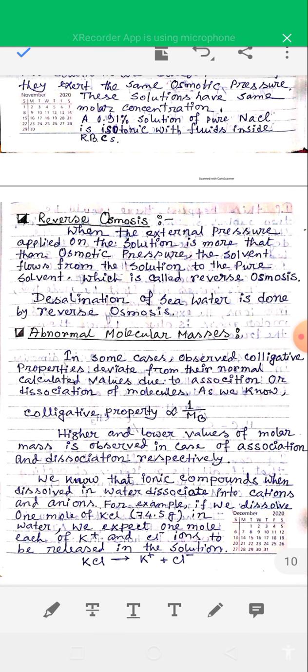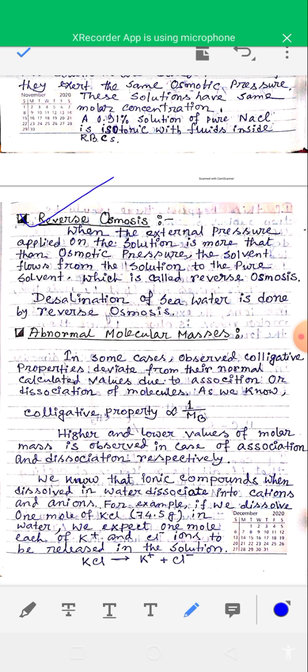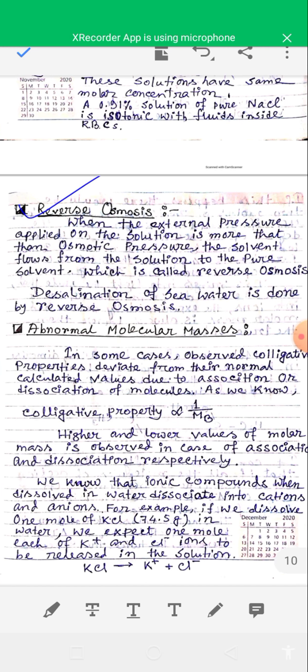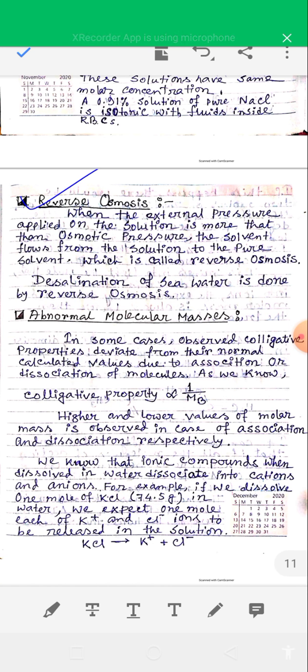Reverse osmosis: when the external pressure applied on the solution is more than the osmotic pressure of the solution, the solvent flows from the solution to the pure solvent, that is, in the opposite direction of osmosis, and this is known as reverse osmosis.